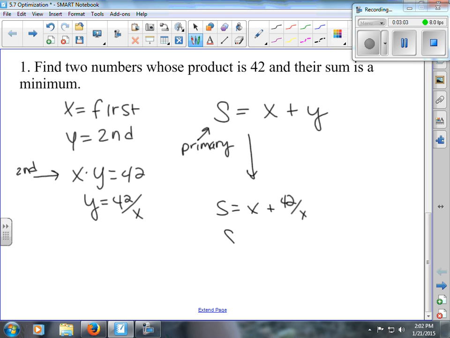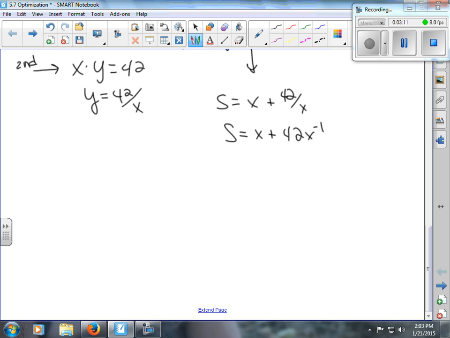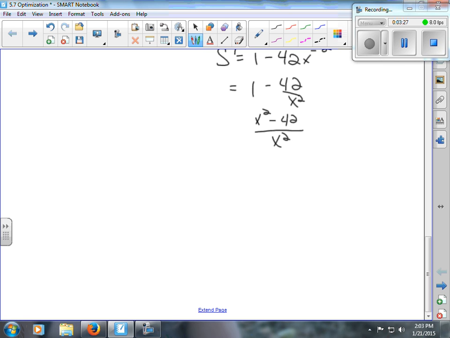So let me write this with a power. And I can take the derivative of this and set it equal to 0 to find critical points, which are where maxes and mins should be. And that's the whole idea of this. If I get a common denominator here, then my critical points are where x squared equals 42 and where x squared equals 0.